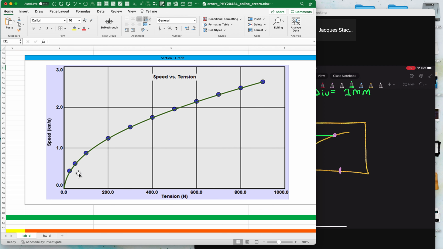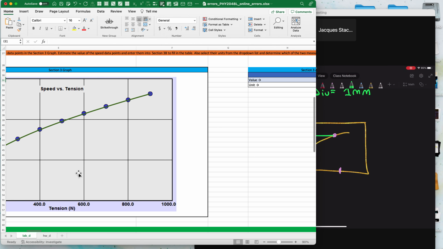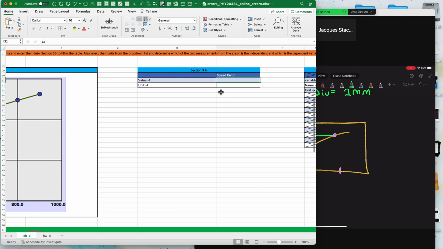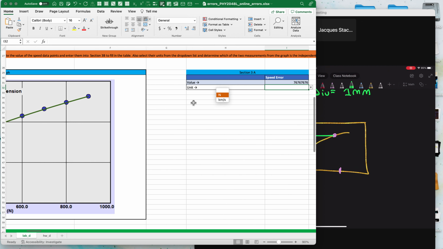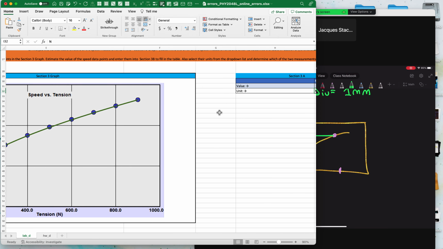And once you've decided what value you're going to multiply that factor with for large divisions, for Y divisions, then you're going to enter your error value here along with the corresponding unit. So what you think of corresponding to the unit of the vertical axis. So that's part 3.